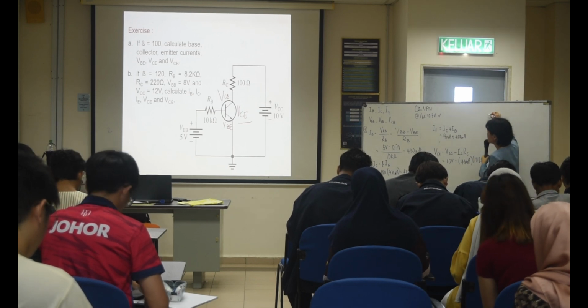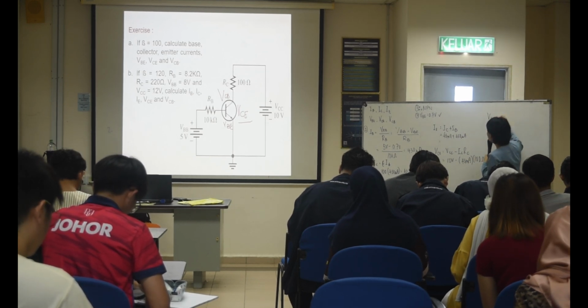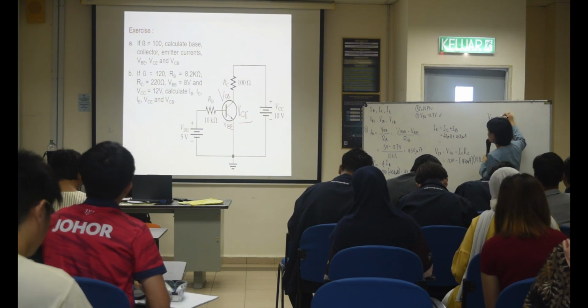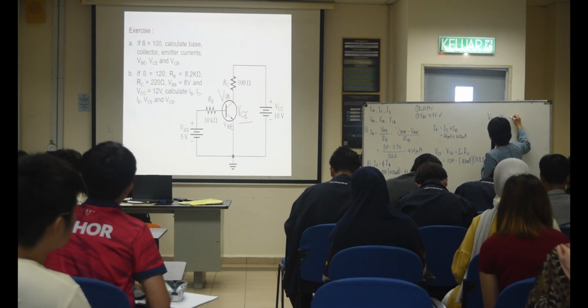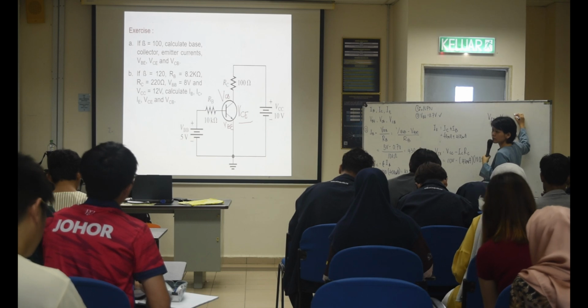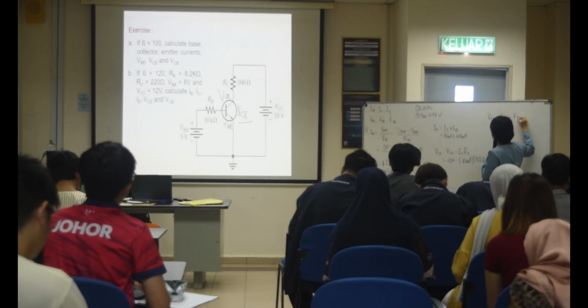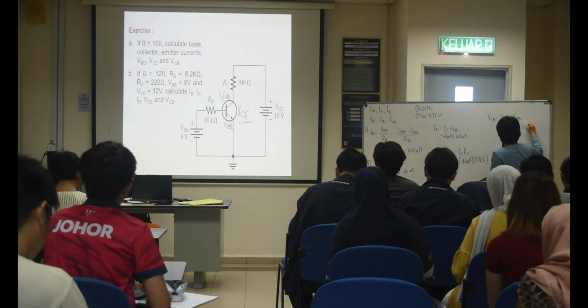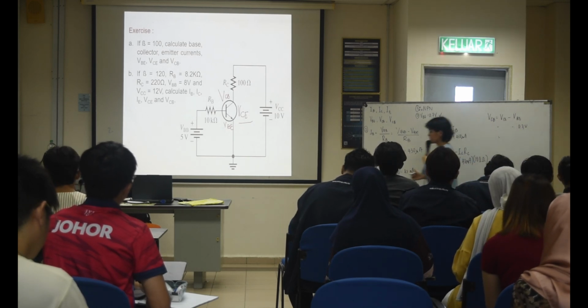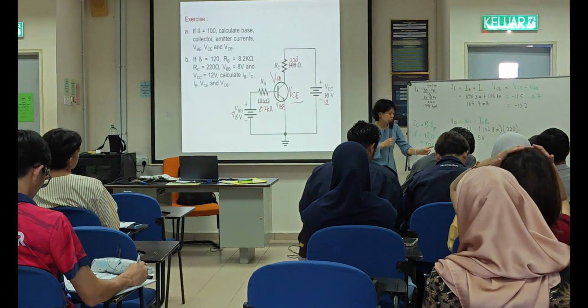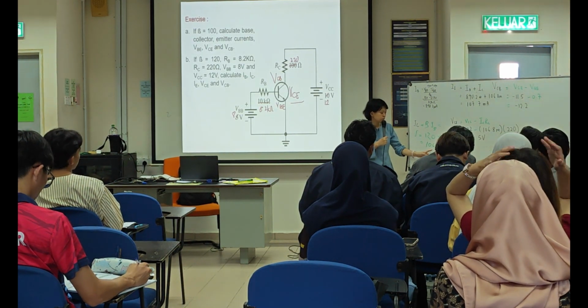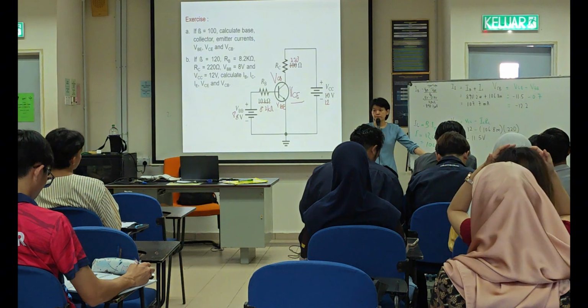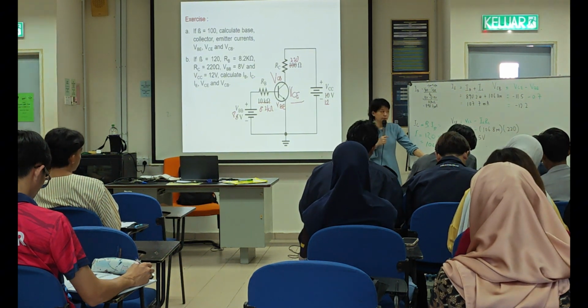Okay, last one, VCB. VCB easy, right? You take your VCE minus VBE. Yes. So your VCE, what value, you minus off 0.7 volt. You get your answer. So you get 106.8 milliampere. Can? Okay.